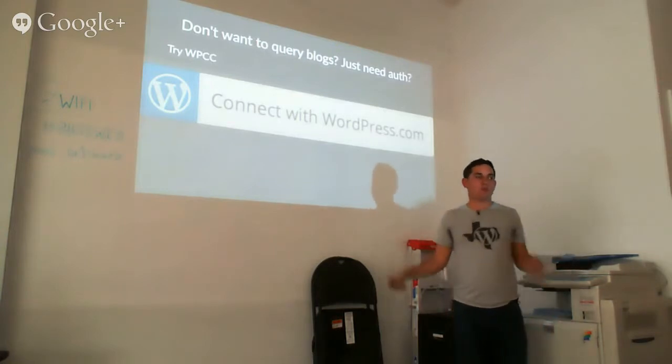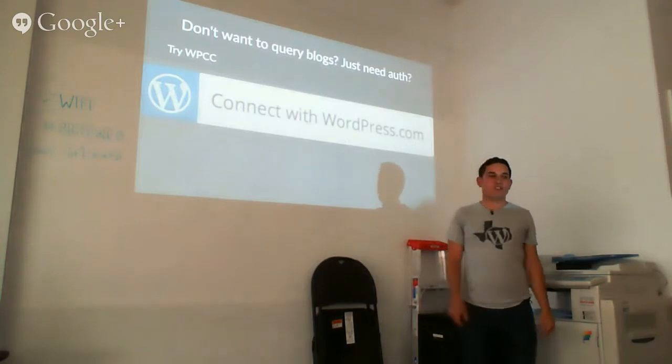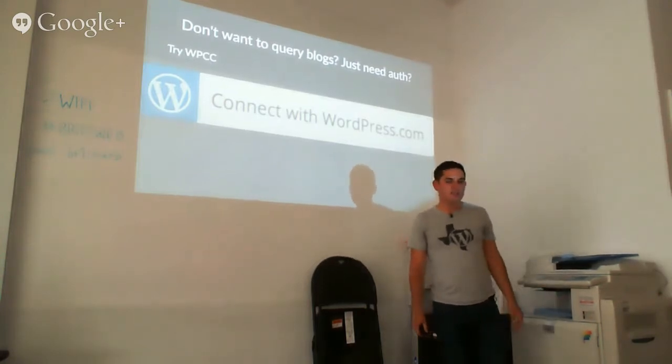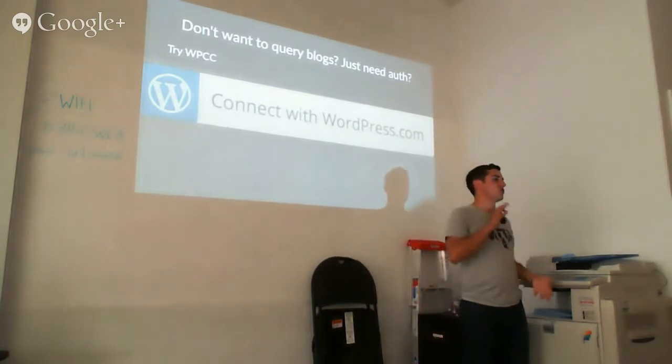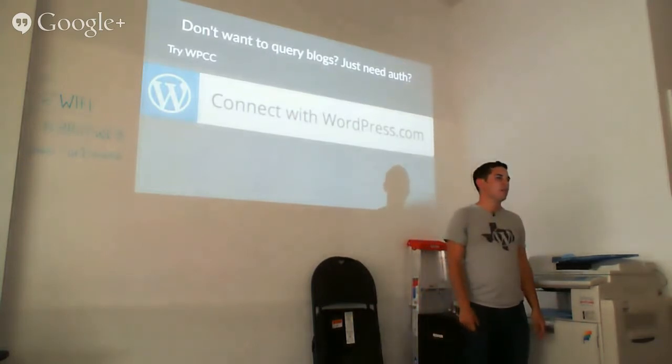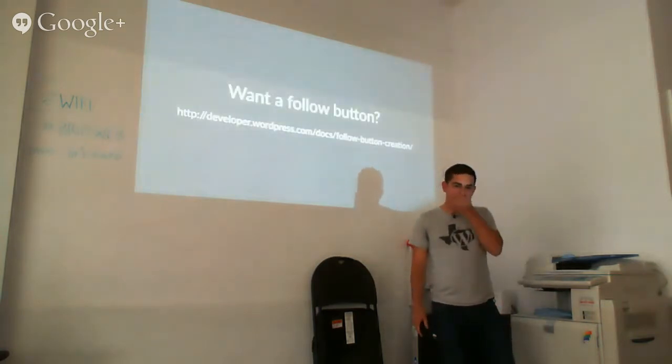Well, you can also use WordPress.com Connect. So it's a simple button that you add to your site with a few lines of JavaScript, and it'll allow any user to authenticate, and you'll get the user object and be able to basically have a user system without having to create your own, which is pretty handy in some cases.